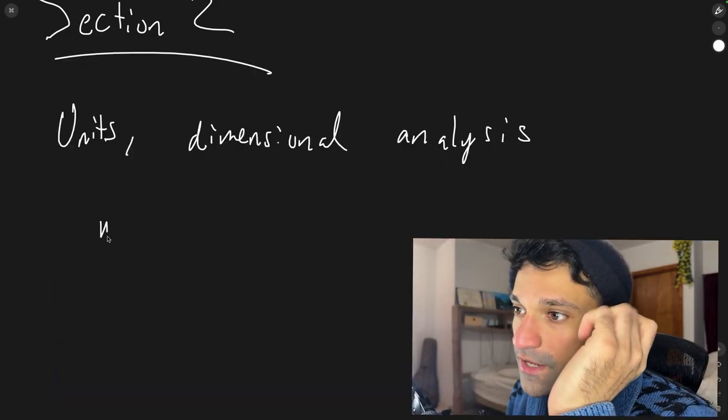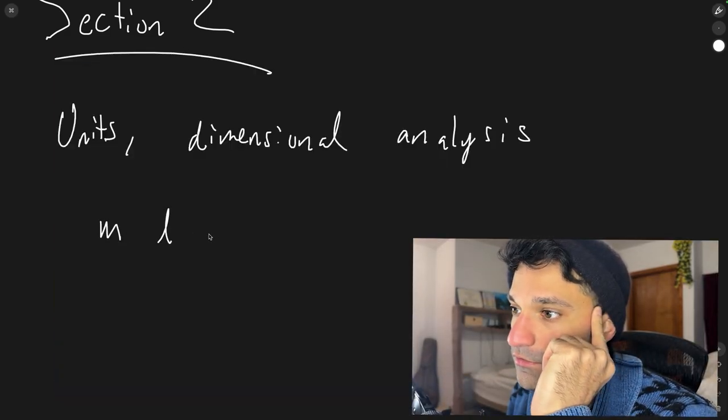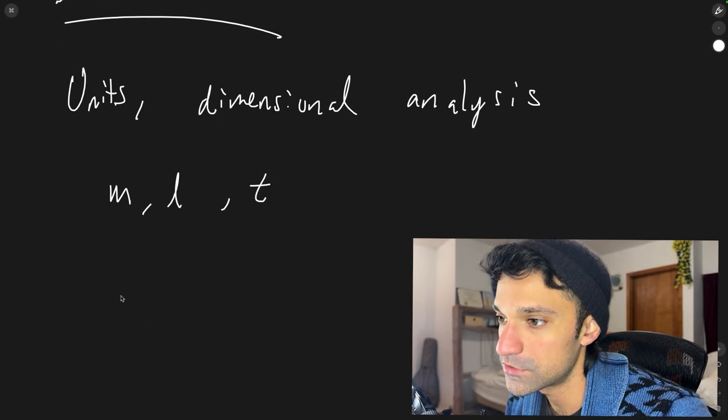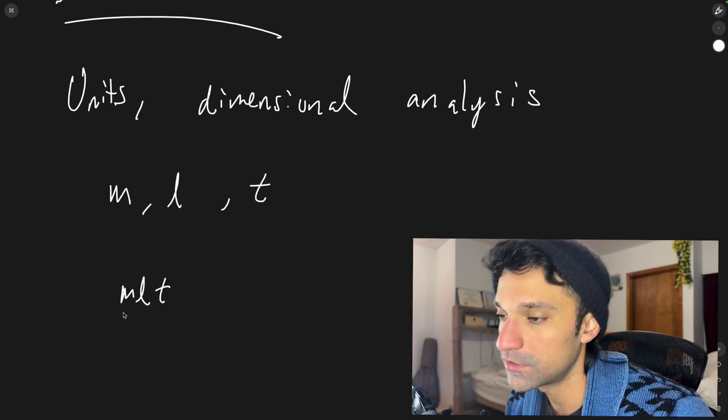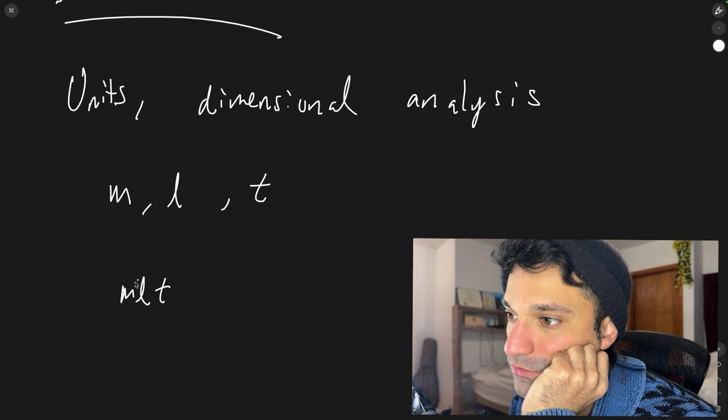So, as far as classical mechanics is concerned, there's basically 3 units. Okay? We've got mass, length, and time. So everything is something like this, and I'll write maybe X, Y, Z, right?